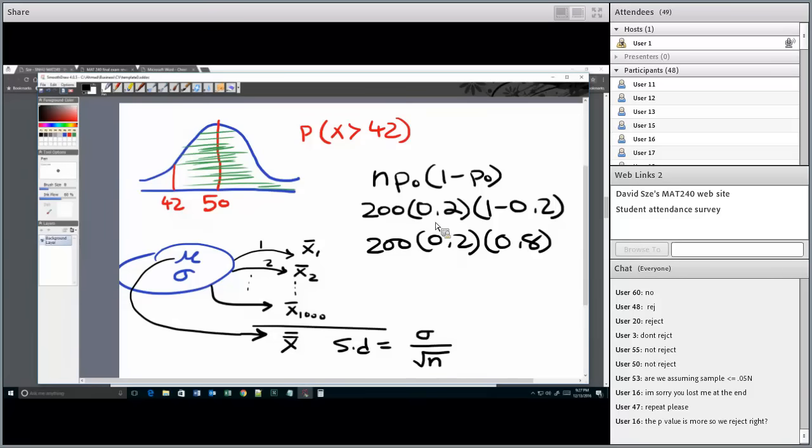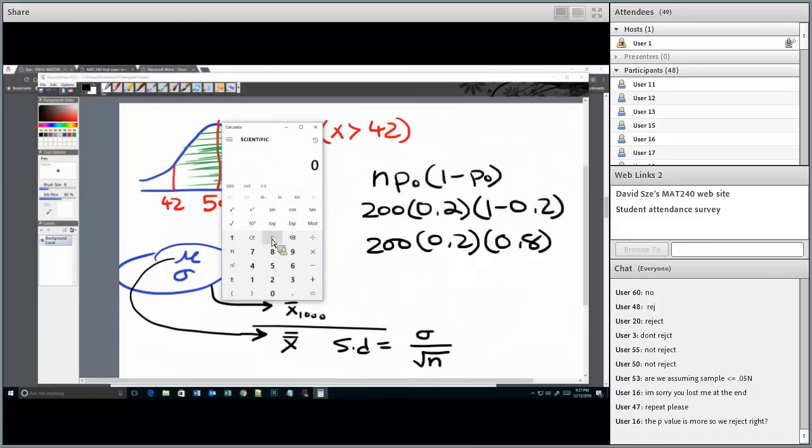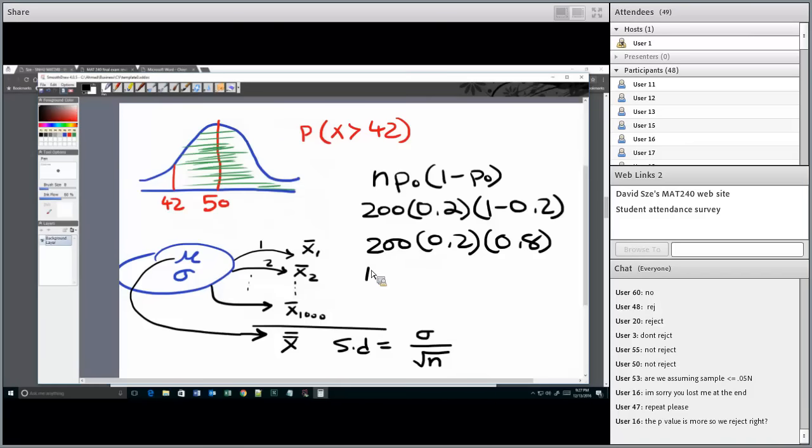I just took the equation, plugged in the values, and got the values that I have to multiply. So now I do this in the calculator. 200 times 0.2 times 0.8, I get 32. And the question is, is 32 greater than or equal to 10? So yes, 32 is greater than 10. So the answer is yes.